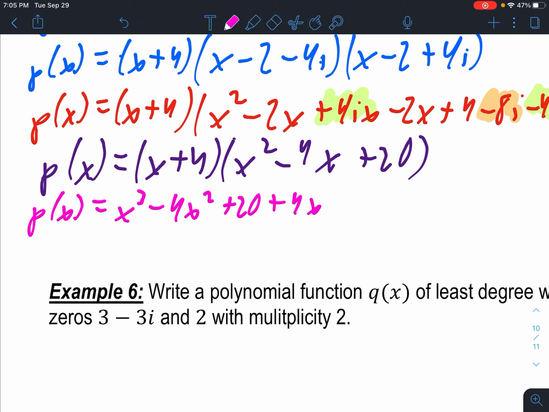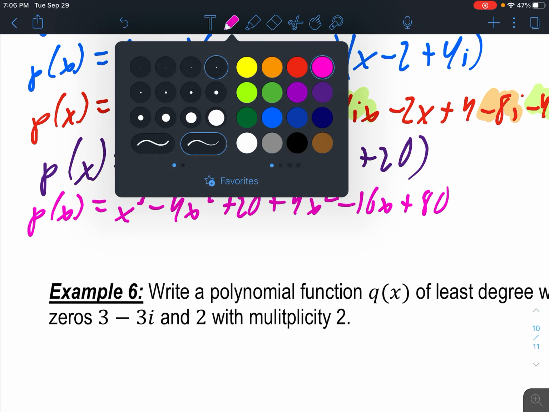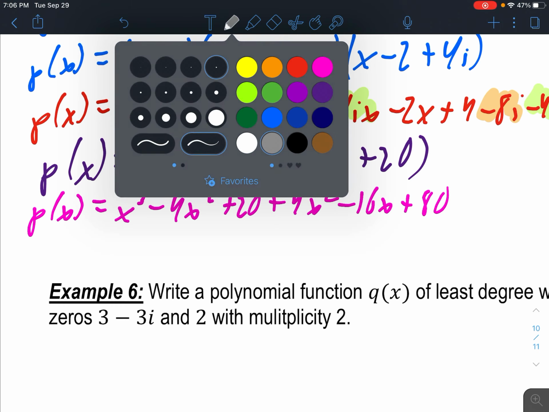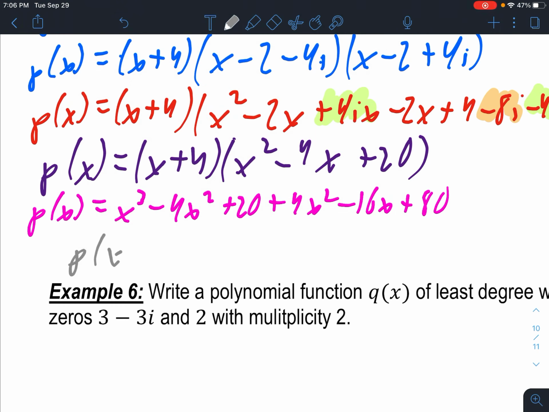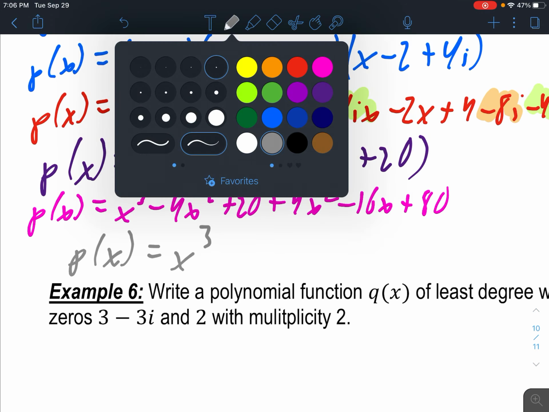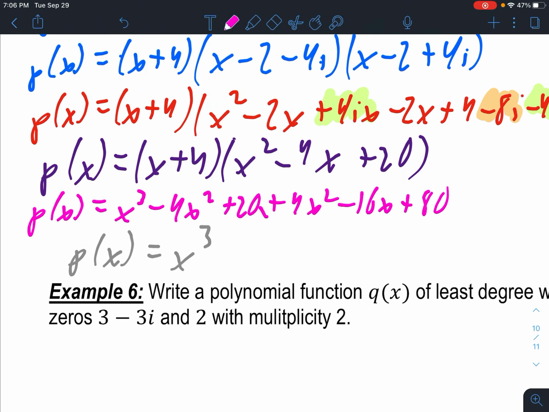Distributing 4 gives us 4x squared minus 16x plus 80. So our final answer, after combining like terms and simplifying and writing in descending order, the x squareds actually cancel out here. I missed an x. There. So I would get plus 4x plus 80.